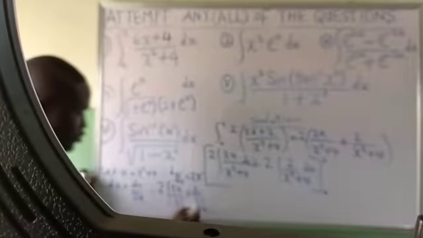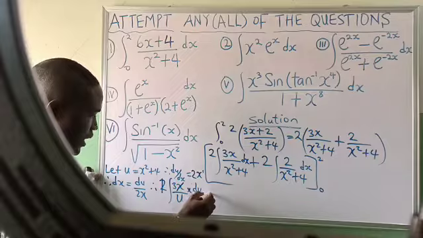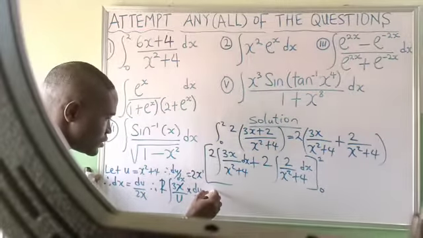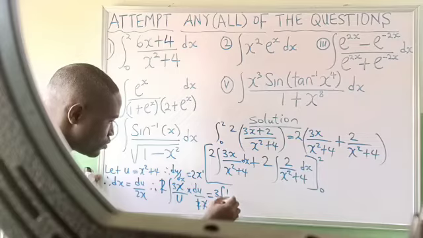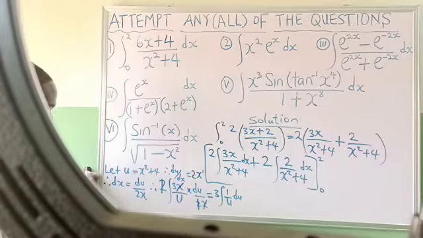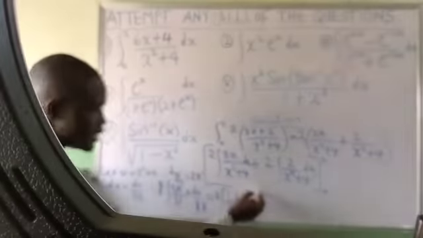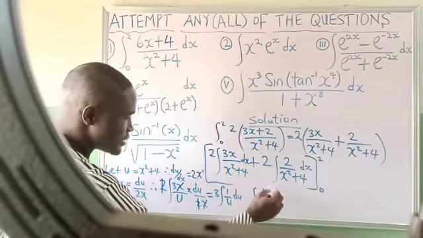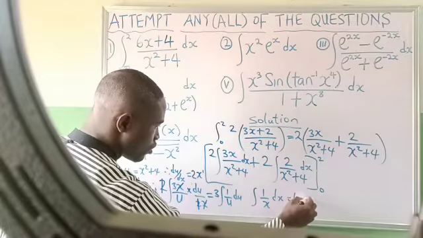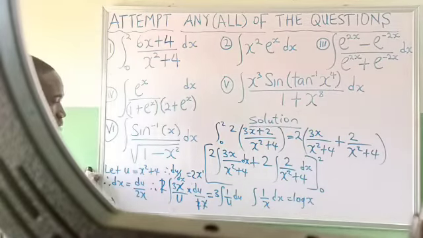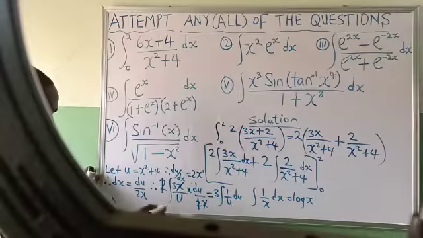So you now see that 2 will cancel this 2, x will cancel this x, and it will give you 3 integral 1 over u du. Since integration of 1 over x dx is equal to log x or ln x, integration of 1 over u du will give me ln u.